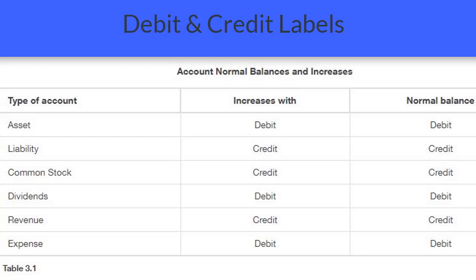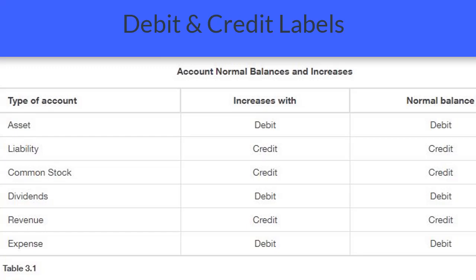What is implied here is that when an asset goes down, we would call the decline a credit. When a liability goes up, we call the increase a credit. Well then, if a liability were to go down, we would call the decrease a debit.